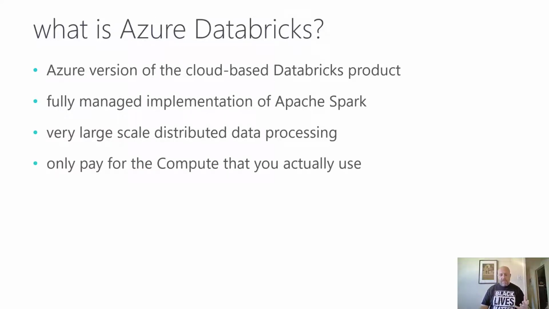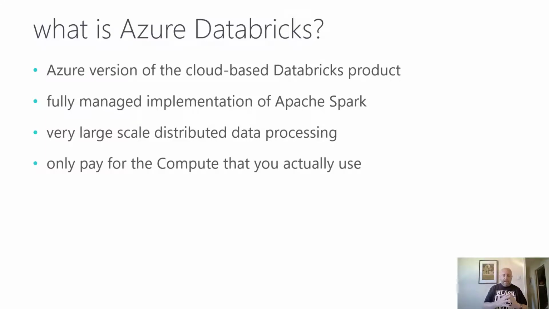So with all that out of the way, we've talked about a data warehouse, we've talked about the data engineering role. So now we're really ready to talk about Azure Databricks. At its most basic level, Azure Databricks is the Azure implementation of a cloud-based product called simply Databricks. This Databricks product is really just a managed version of something called Apache Spark with a bunch of extra features on top. But that's not particularly helpful so far, right?